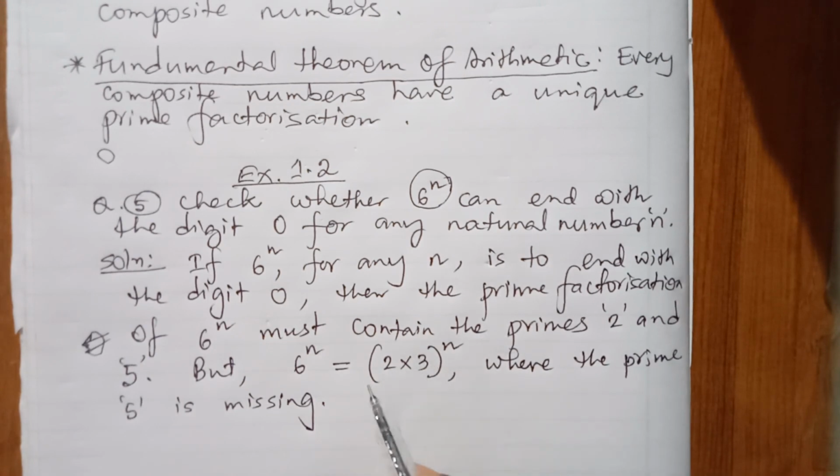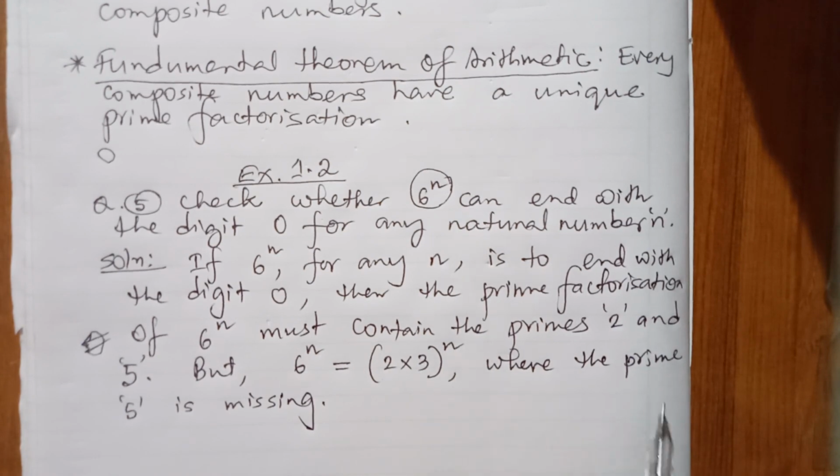So we can't get 0 at the end when we solve 6 to the power n for any natural power. After getting the prime factorization of 6 to the power n, it is confirmed that the prime 5 is missing.